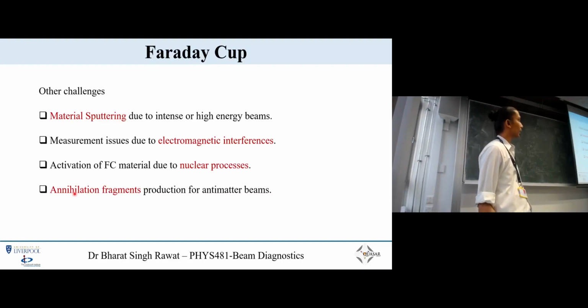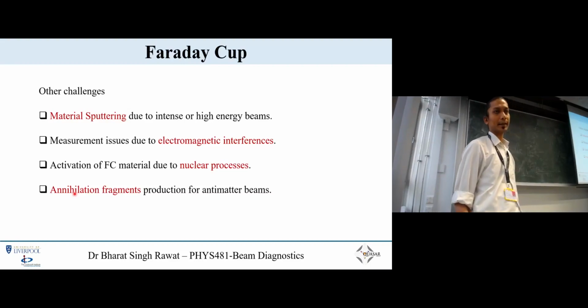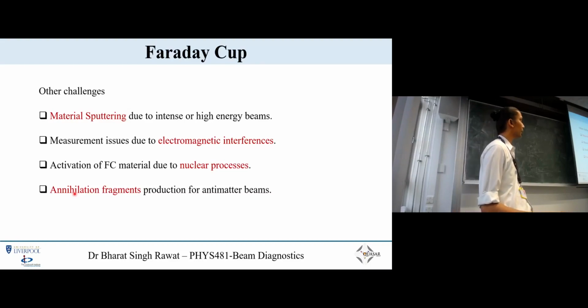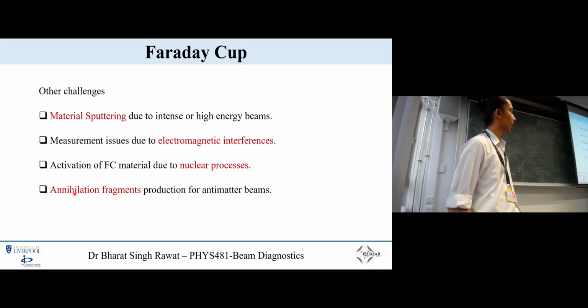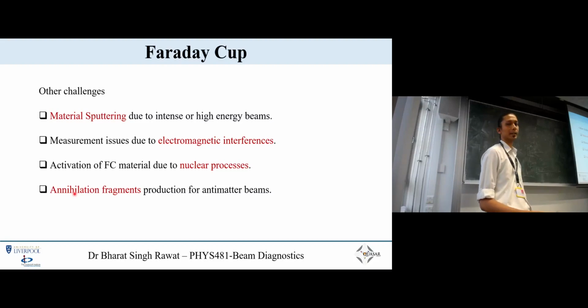Faraday cups are also used, as I initially said, in mass spectrometry, and mass spectrometry also uses isotope separation, radioactive isotopes. And because they are deposited on the Faraday cup material, they cause activation of the material, and you have to be careful to estimate the amount of activity remaining in the Faraday cup once you irradiate with a radioactive beam.